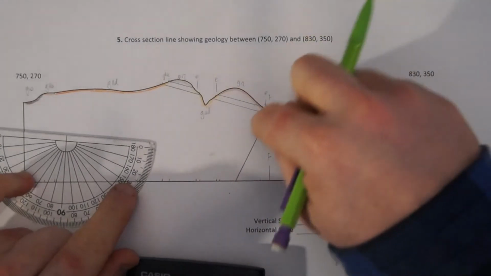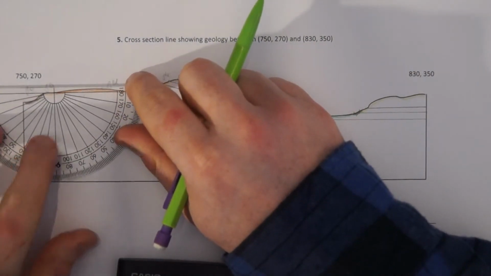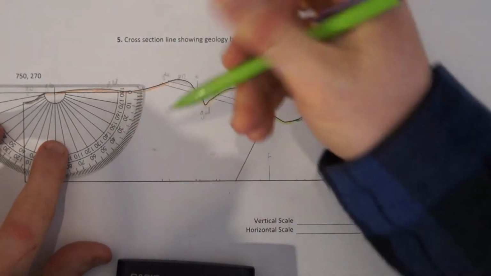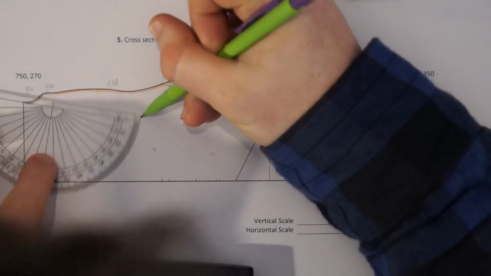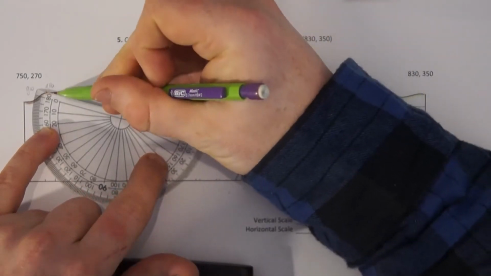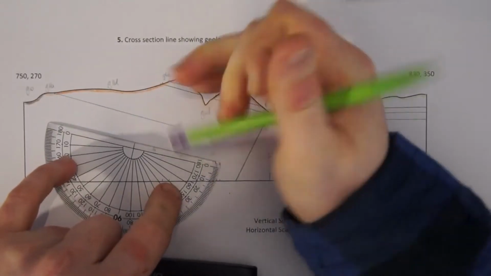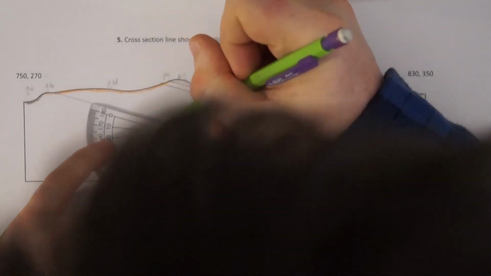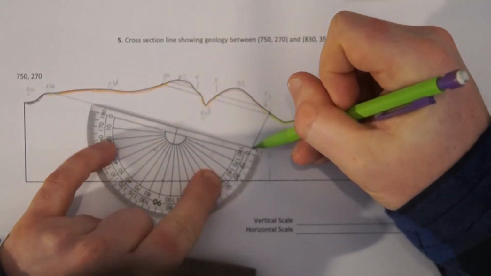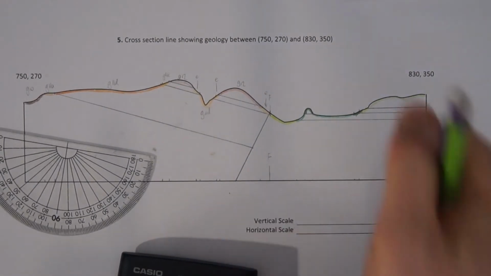Okay, then what we've got is this is G11D and this is G11D as well, so let's line up our contact there, and we're drawing it at 16 degrees. So this will come down like so. And then I'm going to stop it at the fault, because you guys know by now that faults are a slip surface.